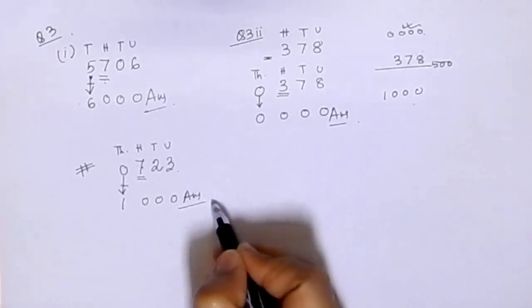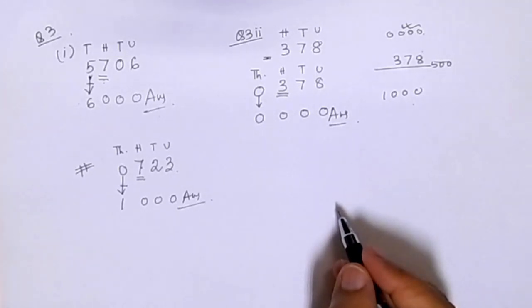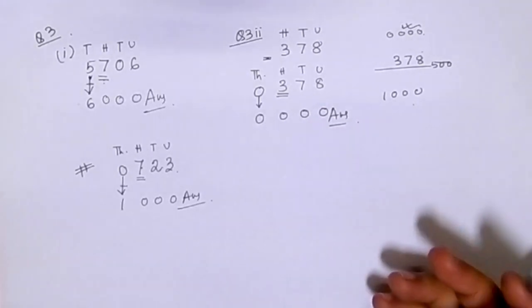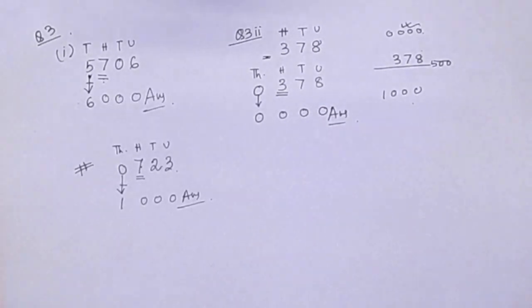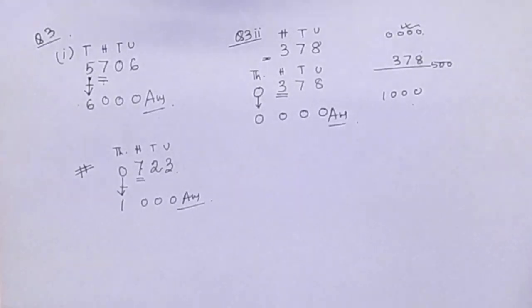So in that case the answer will be 1000. I hope it is clear till this point. Now you must watch these portions over and over again to get a very clear concept, and practice on your own with random examples.